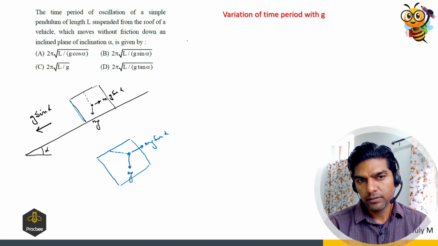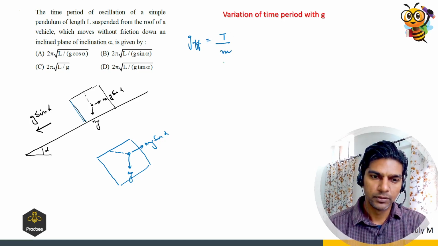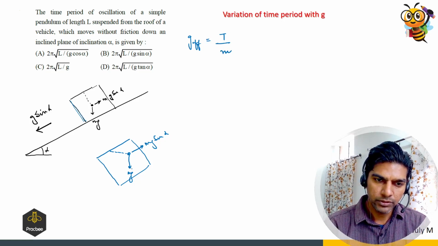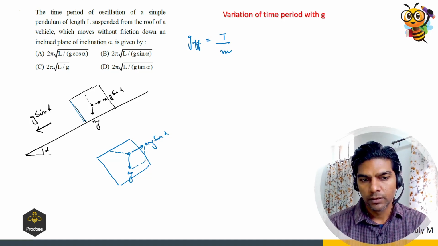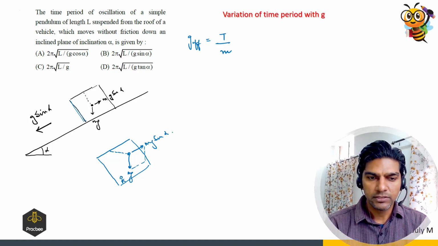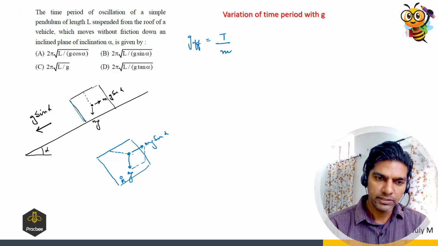So how to find the effective g in this case? Effective g is the tension in the equilibrium position divided by the mass of the bob. So what is the tension in the equilibrium position? That will be the resultant of these two vectors, because the tension will be balancing the resultant of these two forces if you consider the bob in the frame of the vehicle. And what is the angle between them?